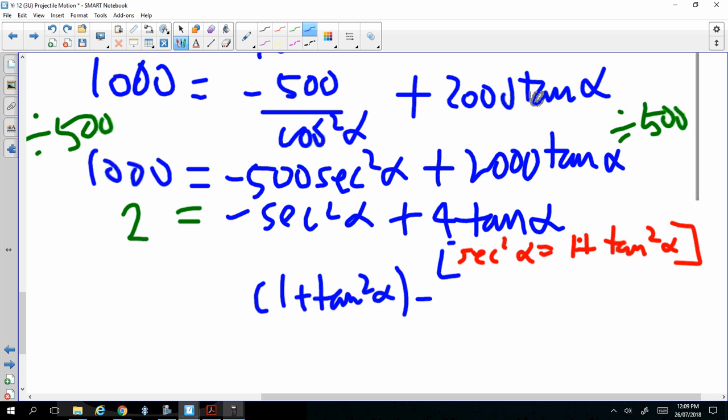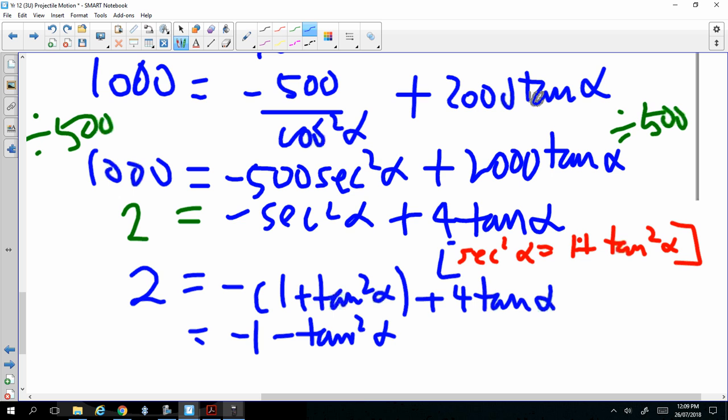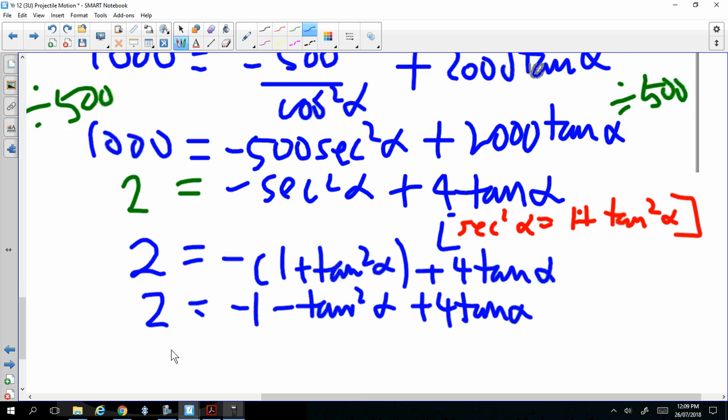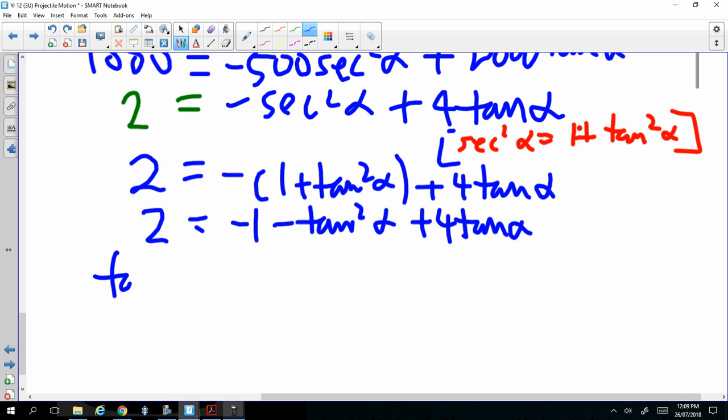Then you expand, so you get negative 1 minus tan squared alpha plus 4 tan alpha. Then you move all terms to the left side: tan squared alpha minus 4 tan alpha plus 3, which is a quadratic equation in tan alpha.